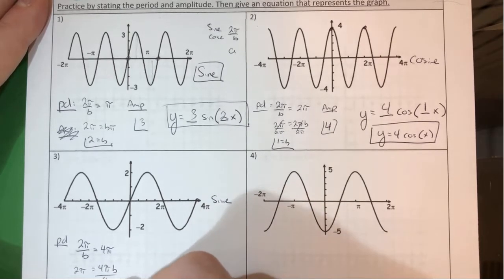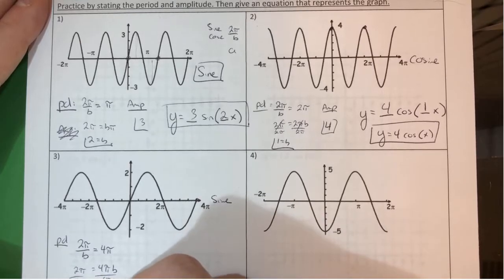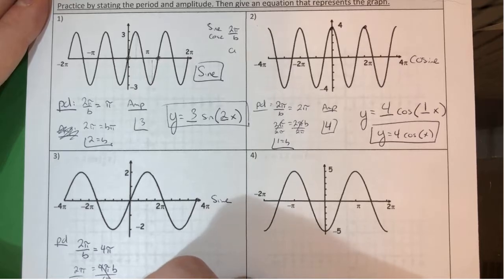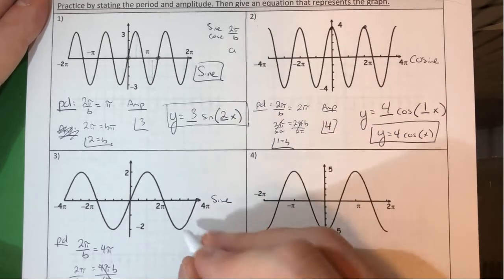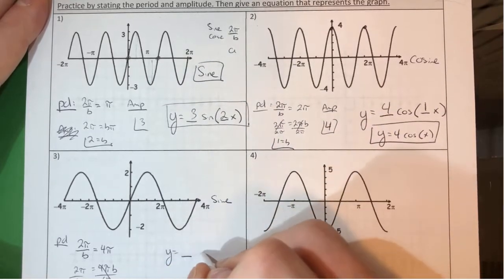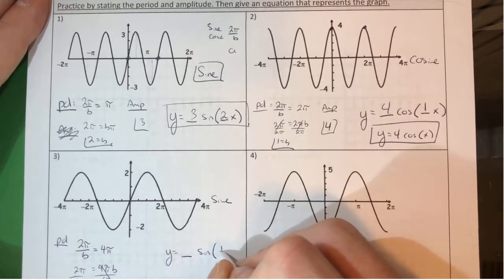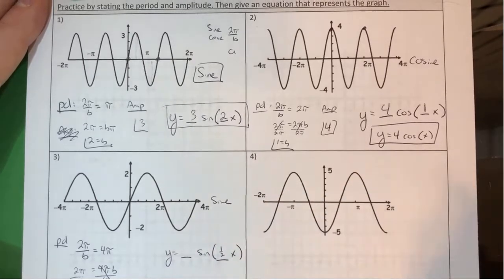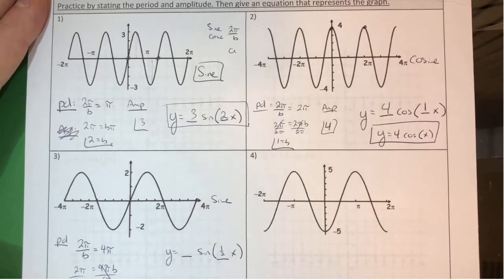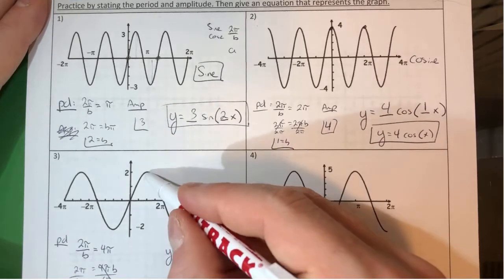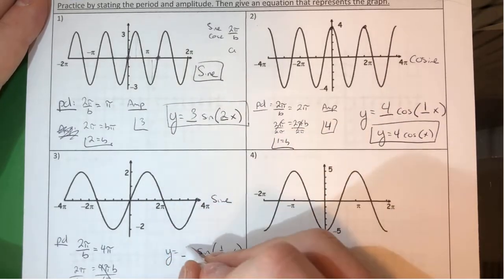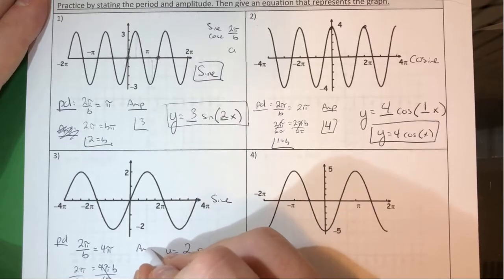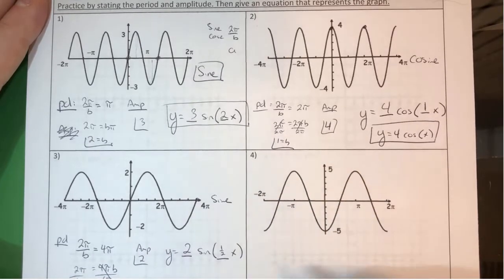Divide both sides by 4 pi, and I get 1/2 is equal to b. So y equals sine of 1/2 x. That's my b value right there. For my a value, I just see it goes up to 2 and down to -2, which means my amplitude is 2. Or y equals 2 sine 1/2 x.